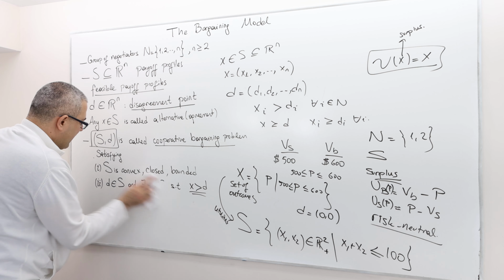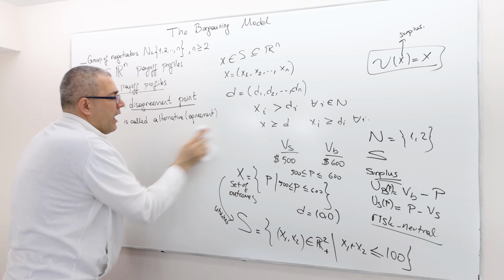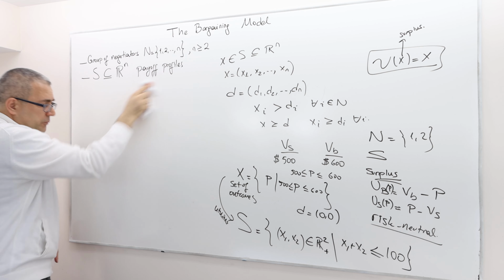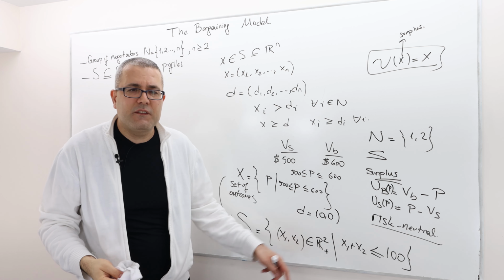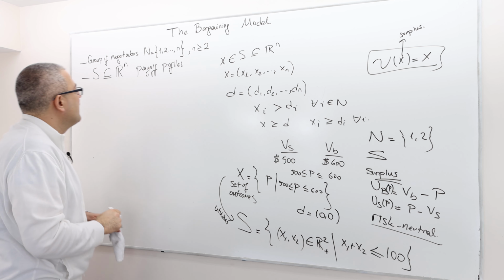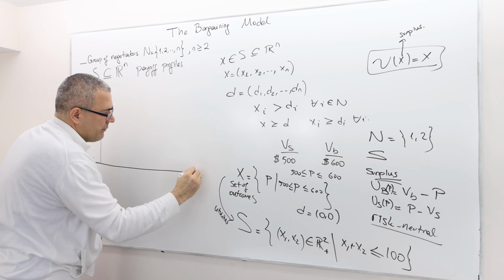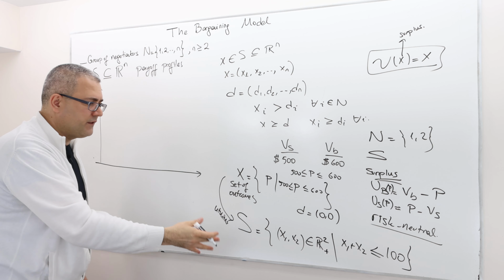Yes, they may negotiate so terribly that they end up with something negative. It's possible, but you don't have to do this. Let's suppose that, as an outcome of this negotiation game, they will never suffer negative surplus or utilities, so to speak.